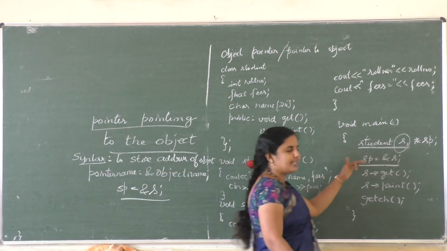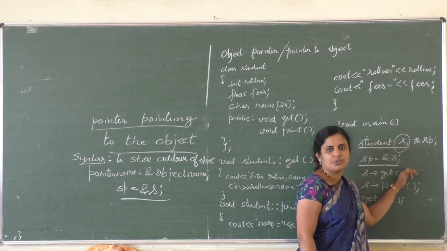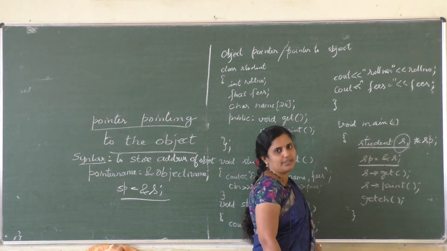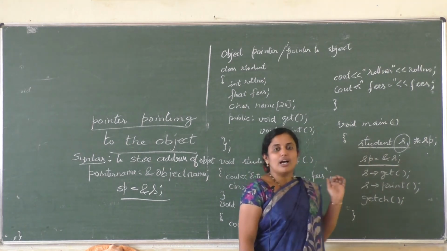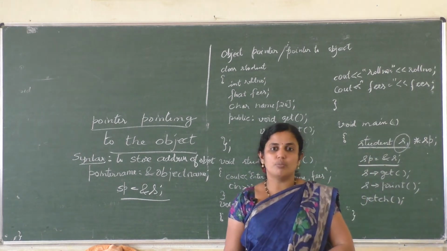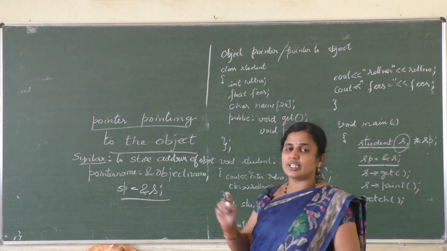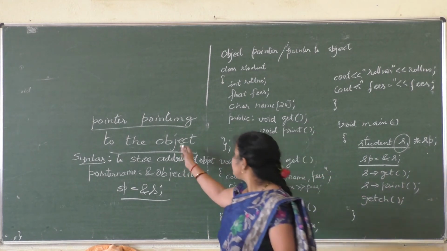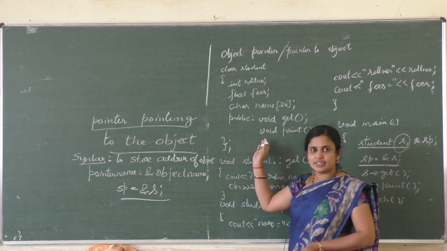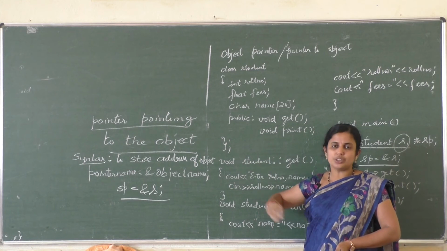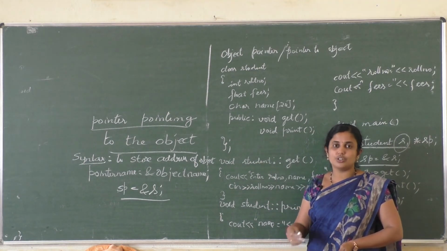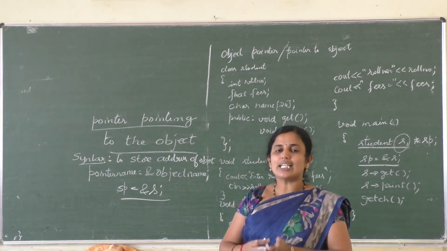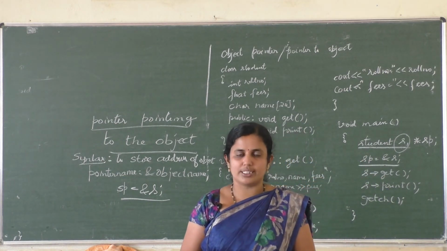Now we have created a pointer variable and we have stored the address of the object in it. Finally, after creating an object pointer, we can access the data members or functions of a class using it. Usually we access class members using objects, isn't it?